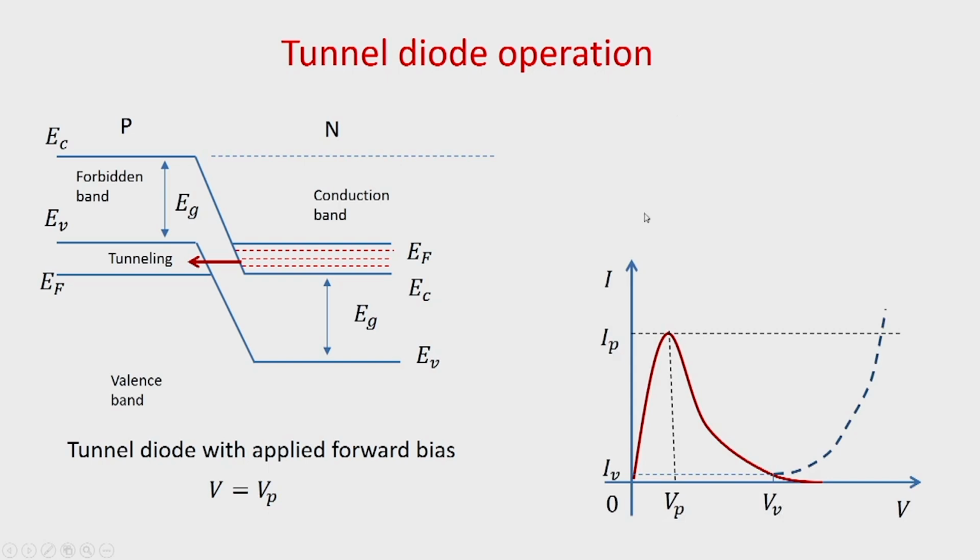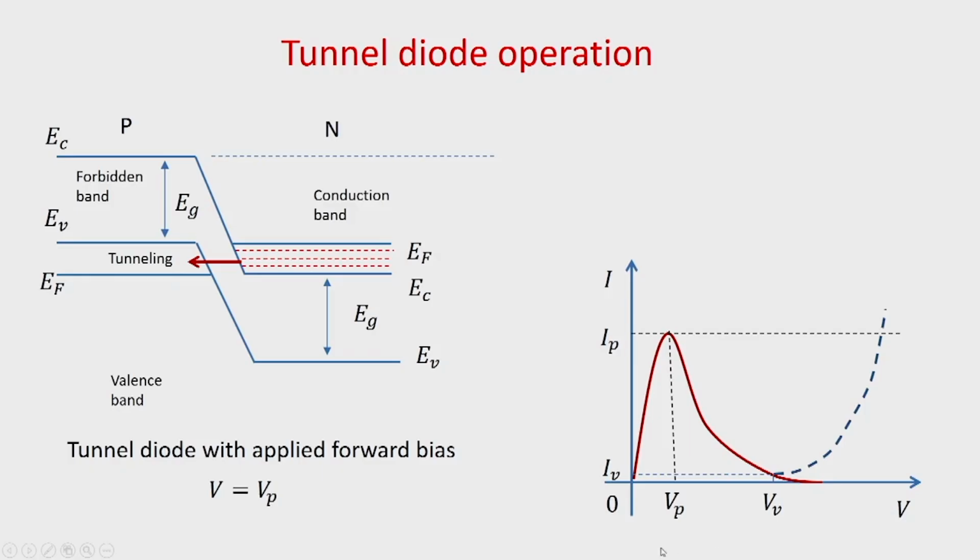So, this red line is representing the current component that is being contributed by the tunneling mechanism, and we can see that at V equal to Vp, we have I reaching the peak current Ip.